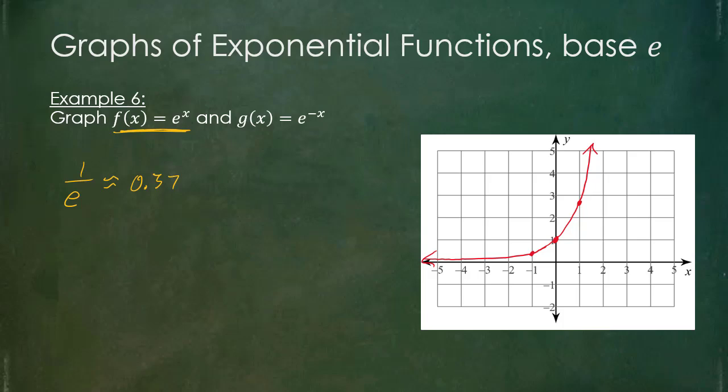No, because it's almost impossible to be 100% accurate when it comes to plotting decimals, but we should be able to at least get it in the right ballpark. And notice you can definitely tell that that was a base greater than 2, but definitely less than 3, just based on this point right here. So just try and do your best when it comes to graphing these types of things and make sure that's actually happening.